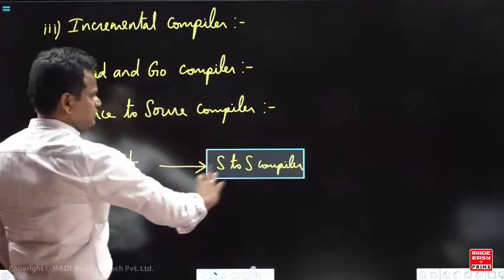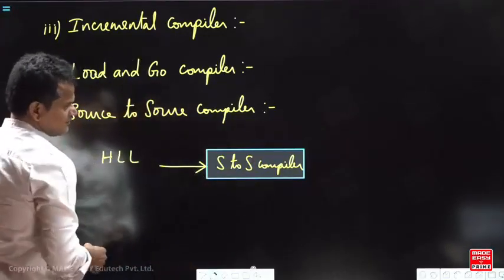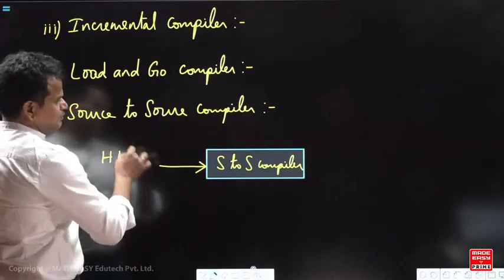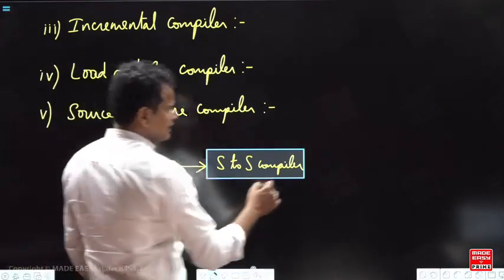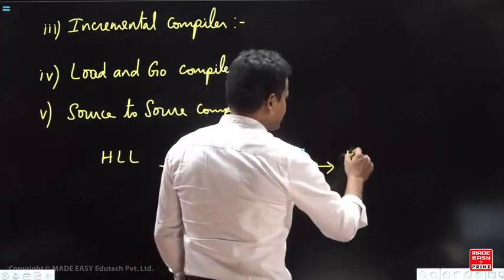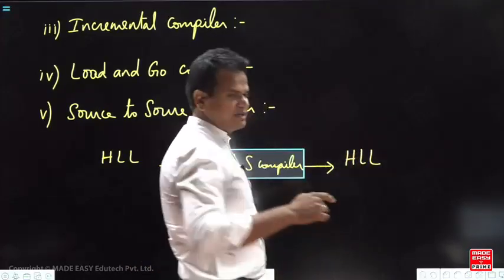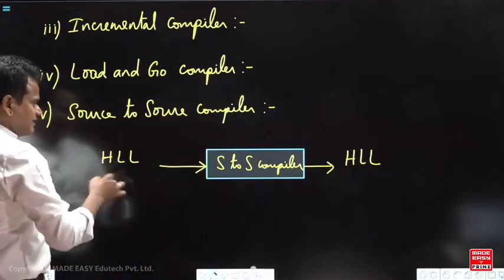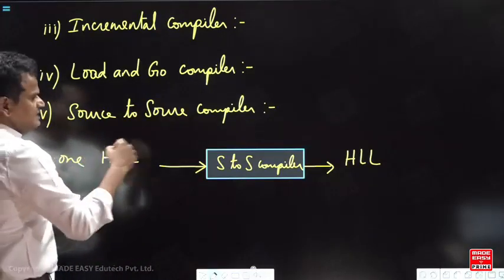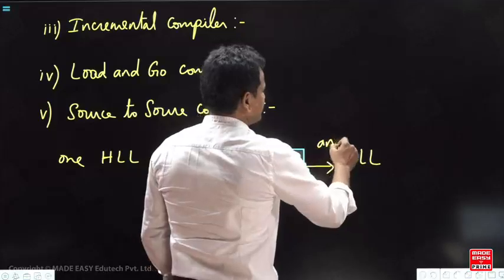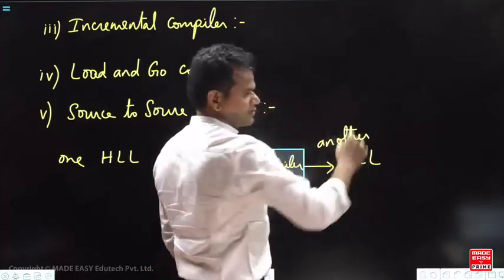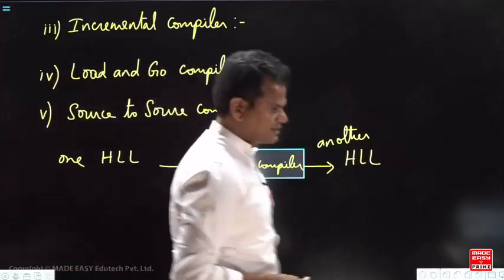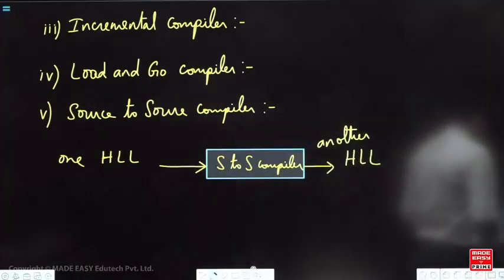Here, a source to source compiler takes one high level language as input and produces another high level language as output. Do you understand? So this is the source to source compiler. Take the notes.